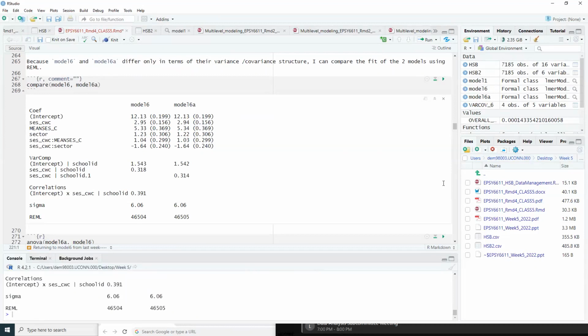These models essentially fit about the same. That's really what we're saying. The fit is not statistically significantly worse by eliminating that parameter, and if it isn't, I'm going to go with the simpler model, which in this case is 6A because it doesn't have that covariance. So there's one fewer parameter. Everybody with me?